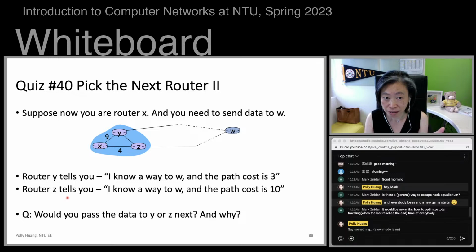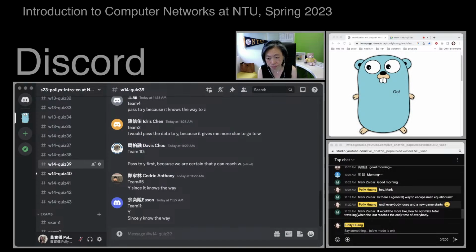And Z, on the other hand, tells you, I also know w, and from me to w it's going to cost me 10. Now, within 1 minute, tell Polly, would you pass the data to Y or Z this time, and why? Now, go to the score. 1 minute.